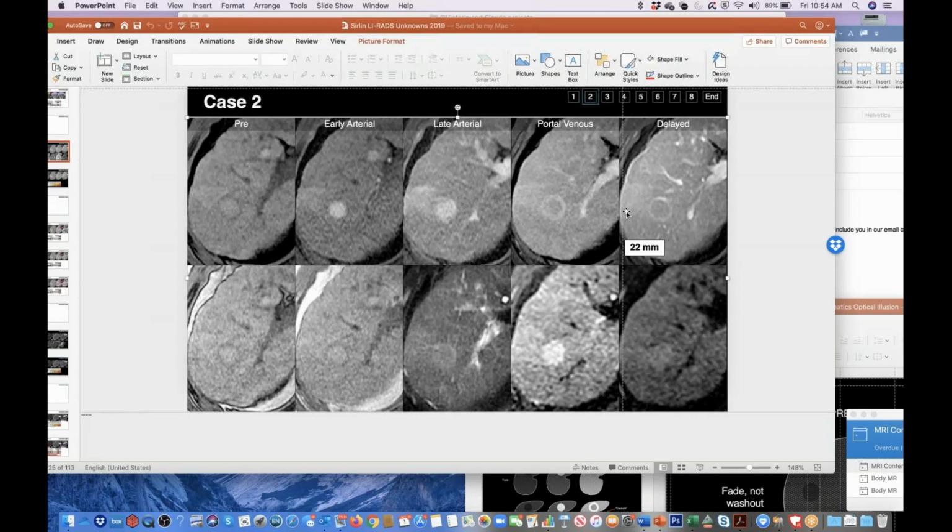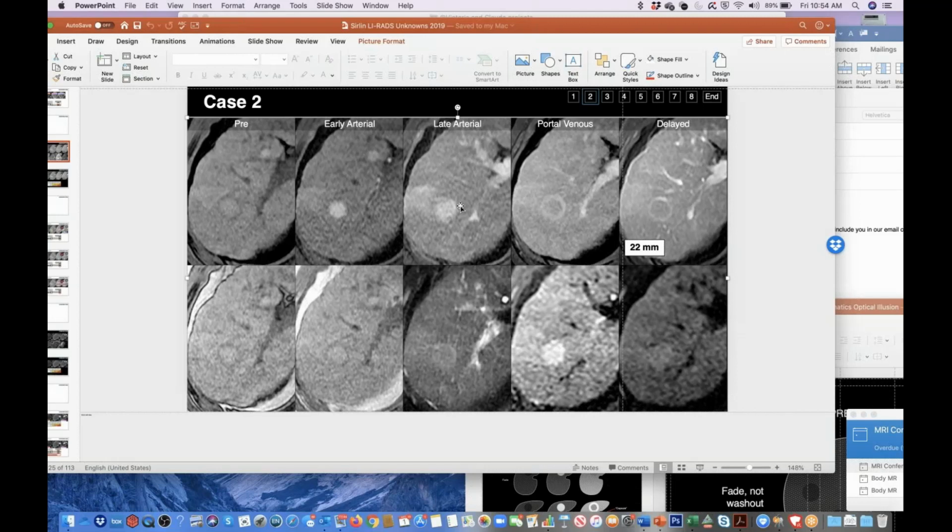This is a case from an outside institution, maybe from about 2015. I don't remember exactly. In the early arterial phase, we see a mass that's hyperenhancing. Notice that the mass looks a little bit larger in the late arterial phase compared to the early arterial phase, and some of that is probably related to corona enhancement and summation.